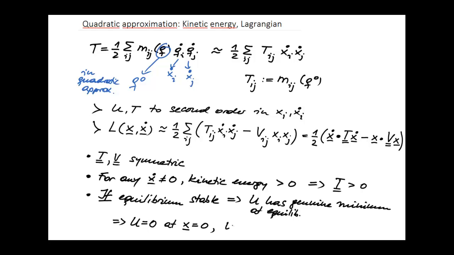And u must be strictly larger than zero at all other configurations, so whenever x is different from zero. And this implies, with the same logic as for the kinetic energy, that the matrix V must also be positive.